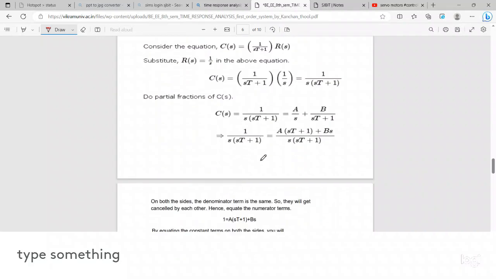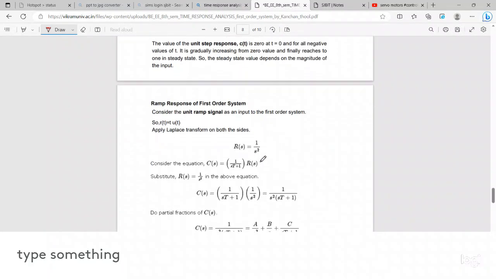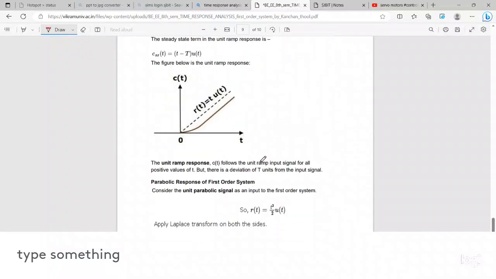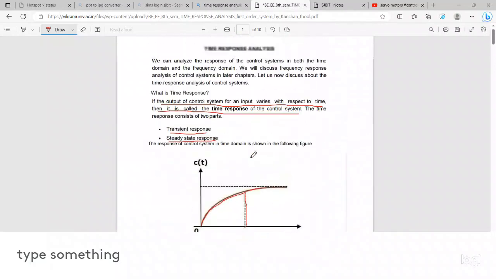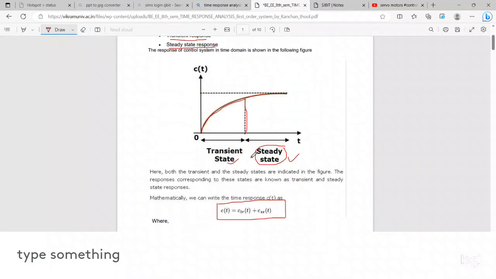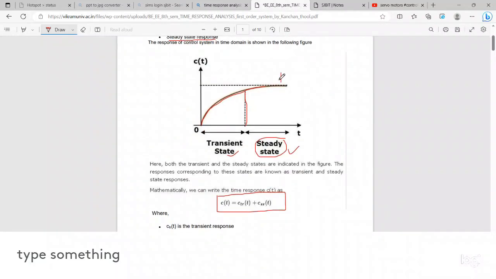The important things are what the steady state is, what the transient state is, and one more thing not mentioned here, the steady state error, ESS. The difference between the actual output and the desired output we call the steady state error, ESS.